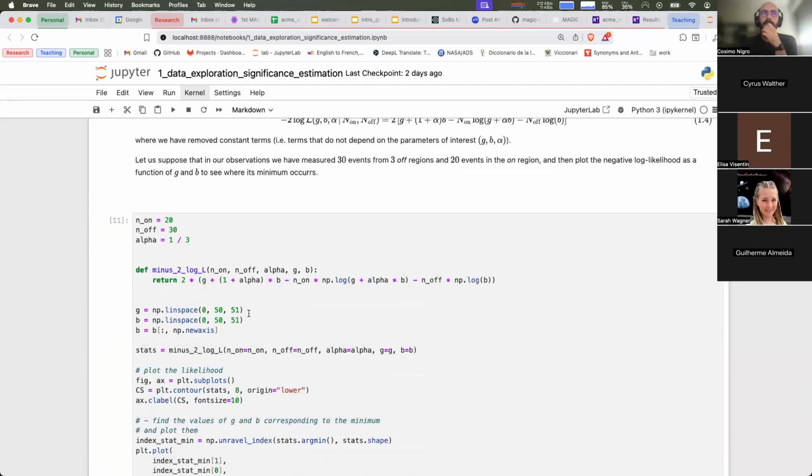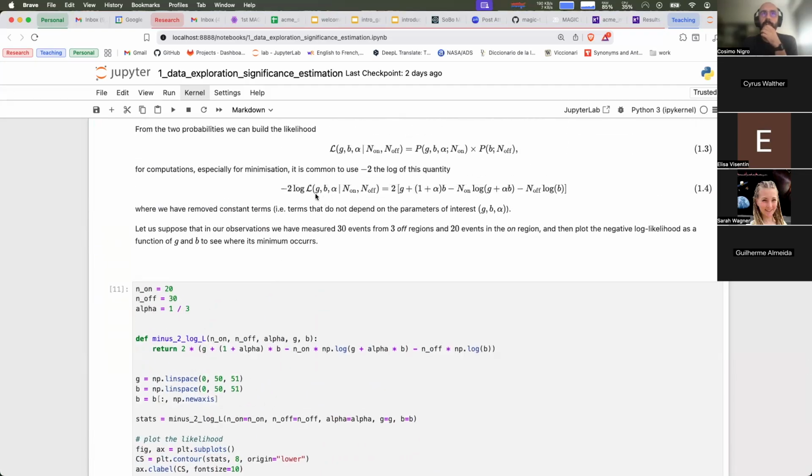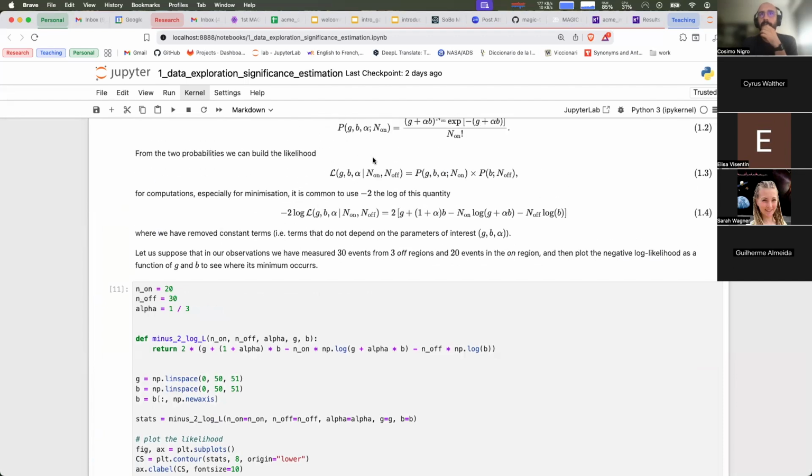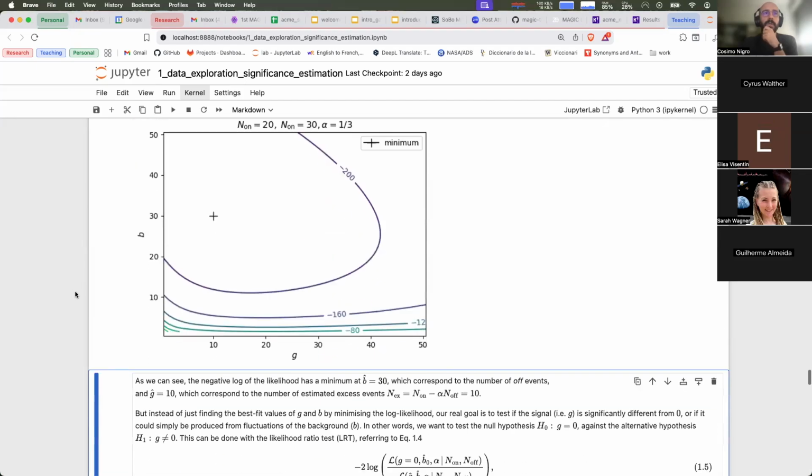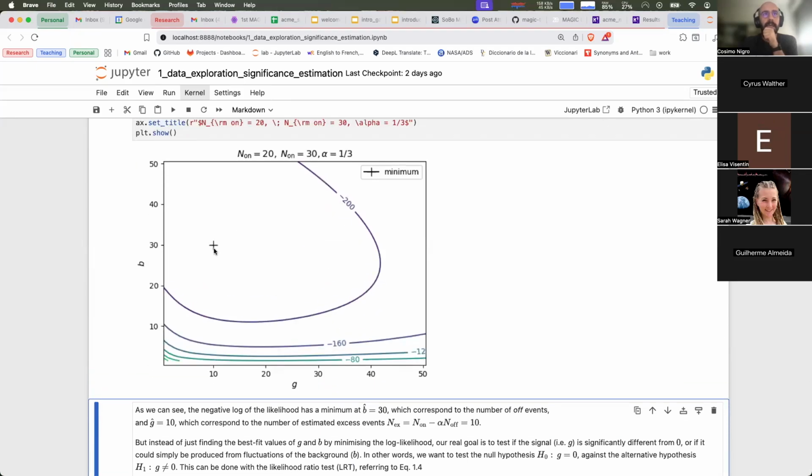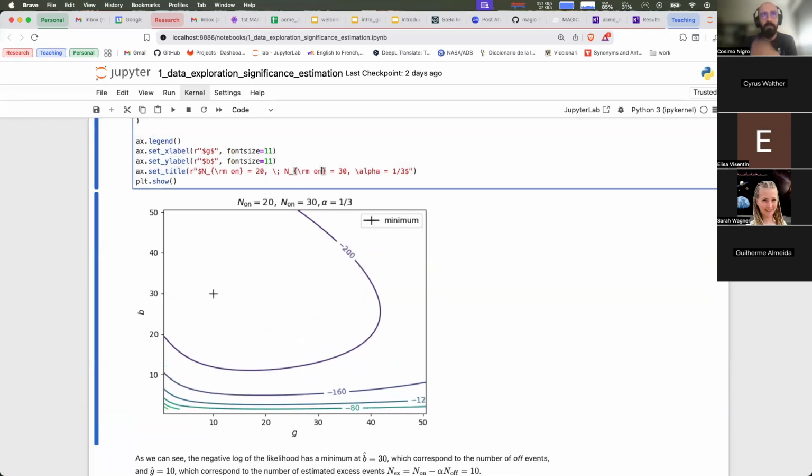So this likelihood is a function of two parameters, no? G and B, right? Because it's the probability to observe a given number of on and off counts given a certain expected number of signal and background counts. And what I wanted to show you is that when we consider the B parameter, the minimum of the log likelihood is at 30, which is actually our estimation of the background.